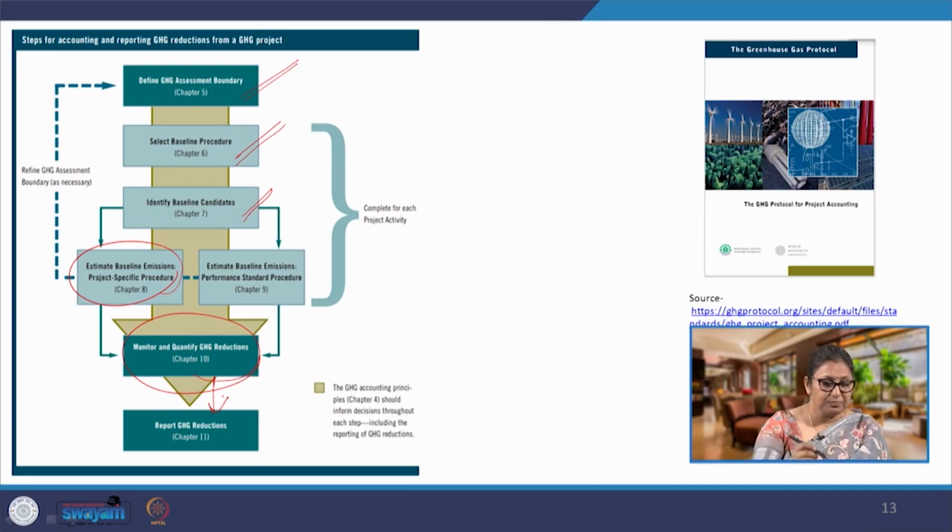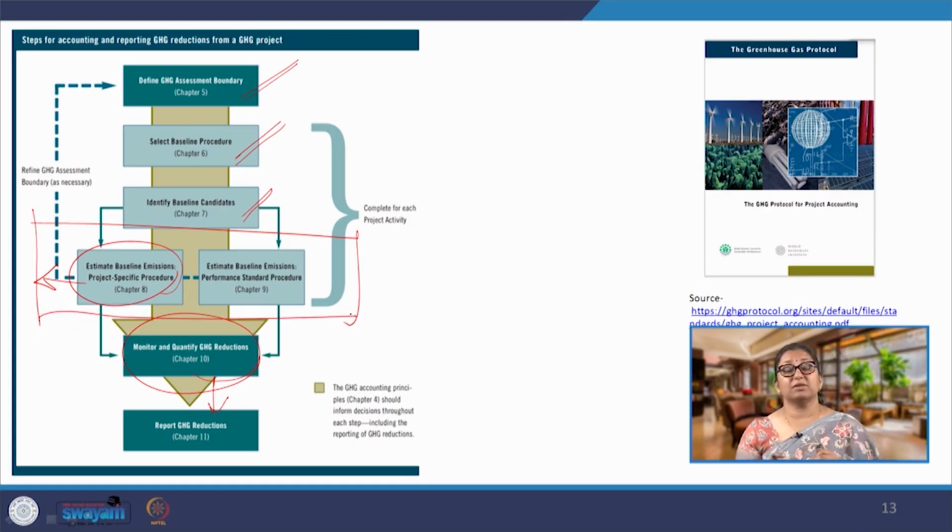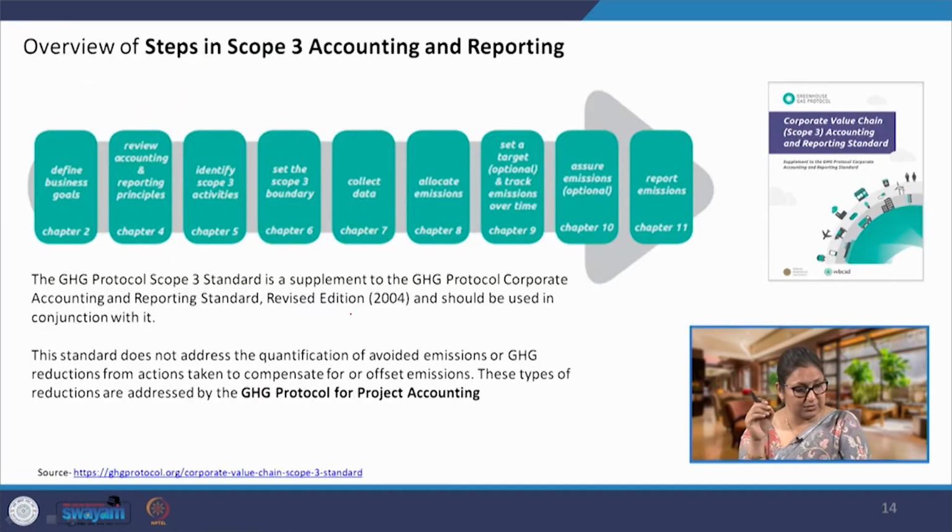For example, in estimating the baseline emissions, what all activities are going in, what are the emission factors, what are the emissions that are taking place, the specific procedures or the average numbers. A lot of work is actually going to happen here when we are estimating the baseline emissions. So, we are identifying the activities and then estimating the emissions.